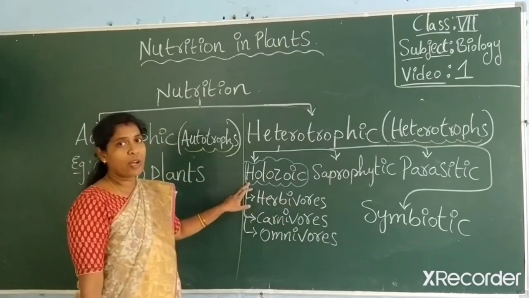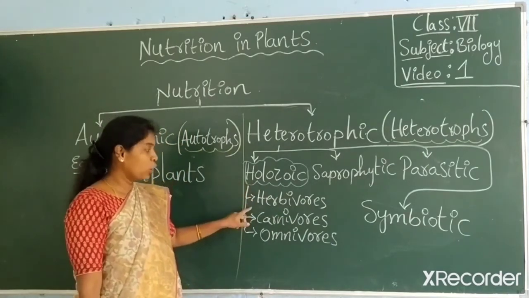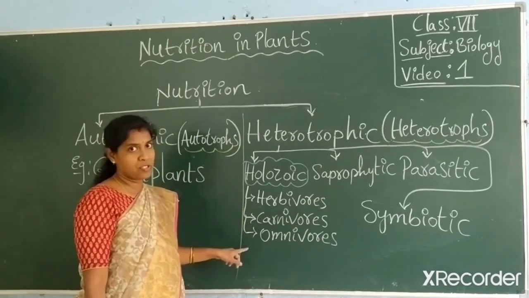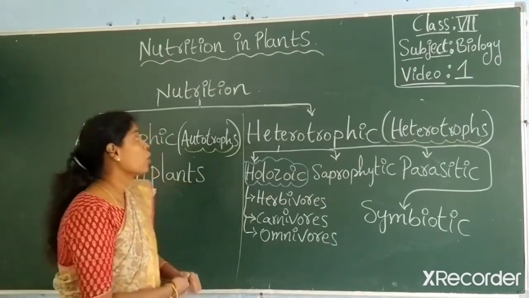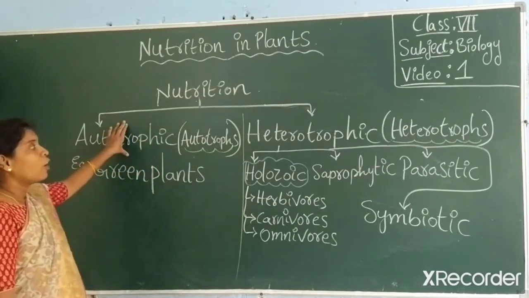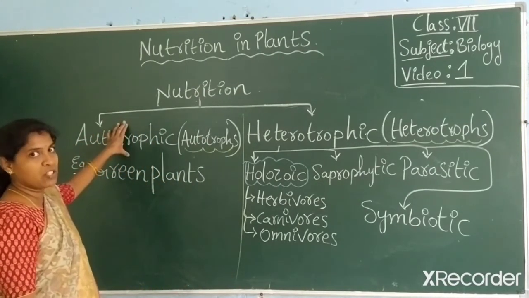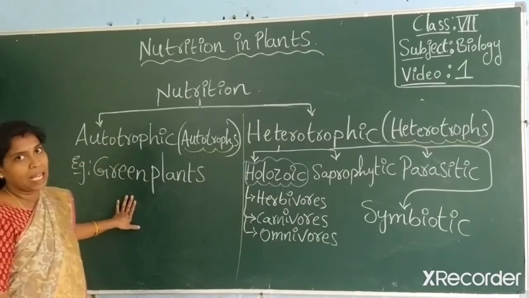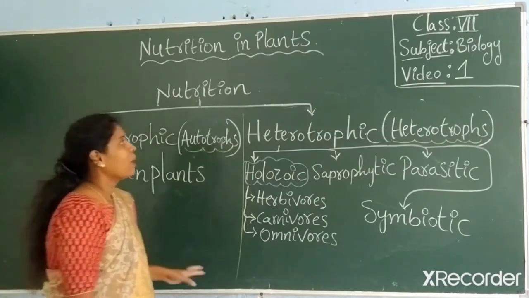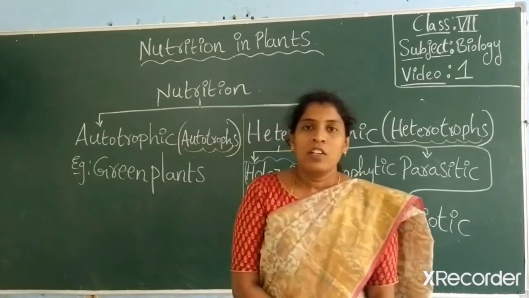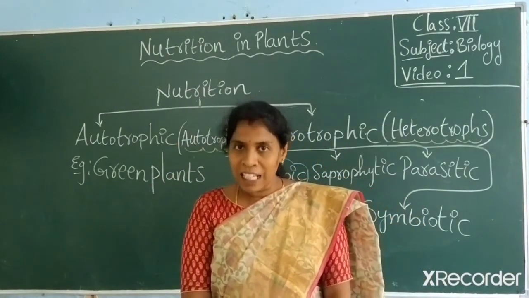Again in holozoic, what do we find? Herbivores, carnivores and omnivores. Then in the next class we will look at only autotrophic nutrition, that too in green plants.